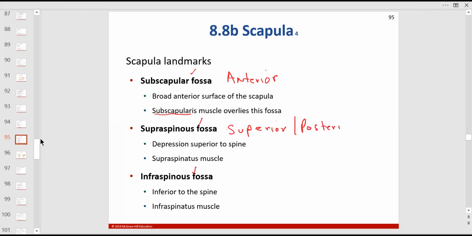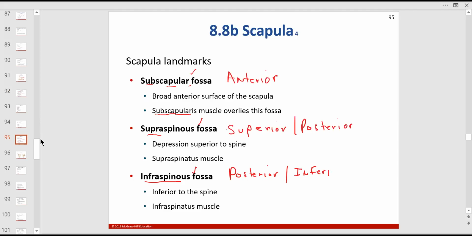It's right above the spine. That's what supraspinous means, above. Sub is usually below the scapula, but that doesn't make that much sense, but you'll see it. Infra is only posterior, and it's inferior, because infra means inferior.